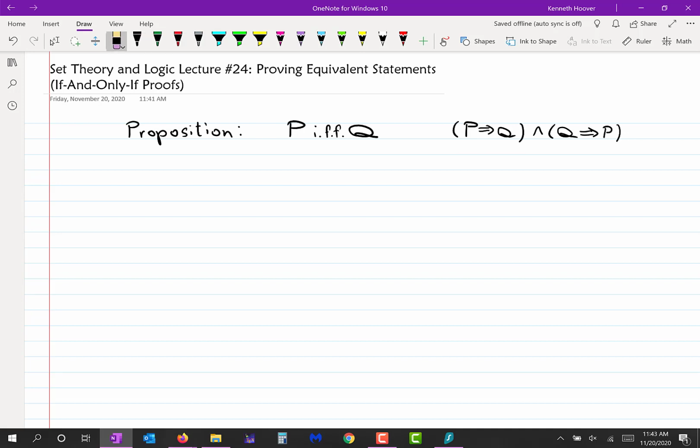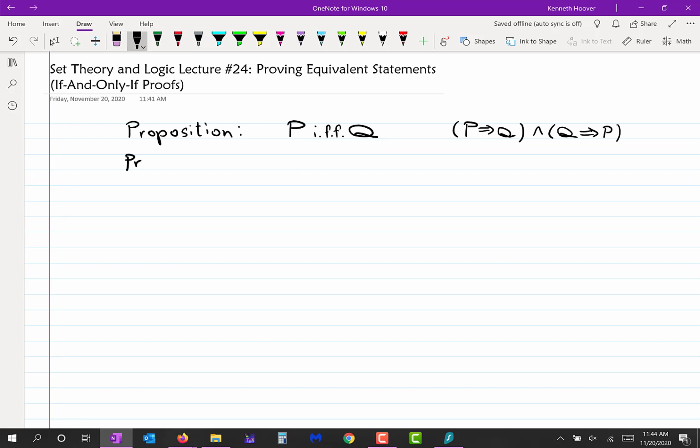I meant for that to be red. You need to prove that, which is one statement in itself. And we talked about how to prove conditional statements. And then you also prove that. So there's two proofs. Well, let's call them subproofs. There's two subproofs, and you put them together and they give you one proof of that.